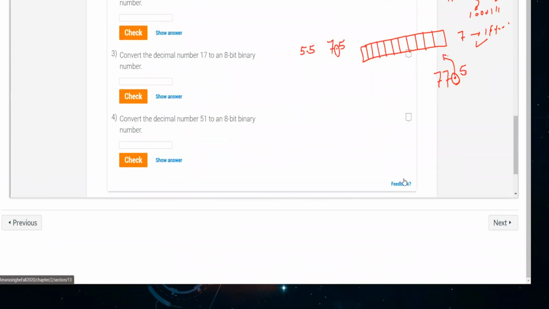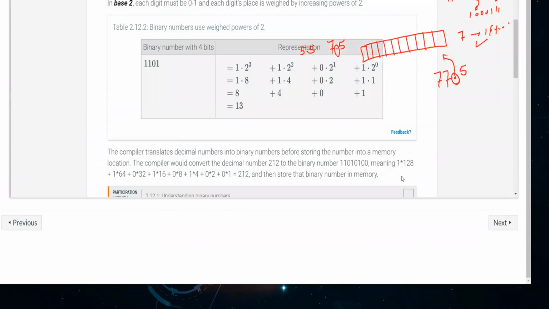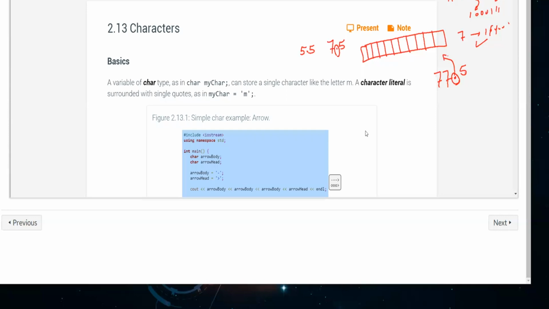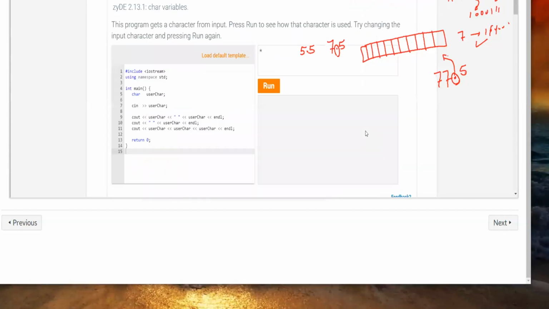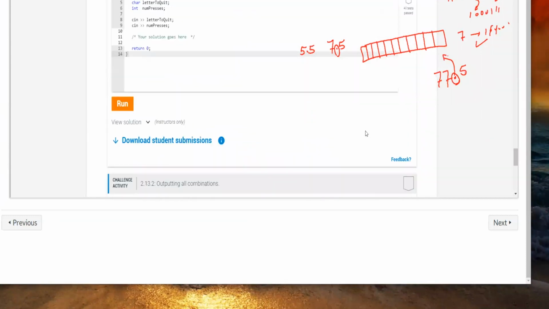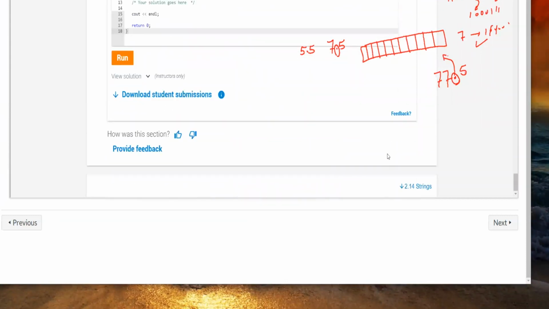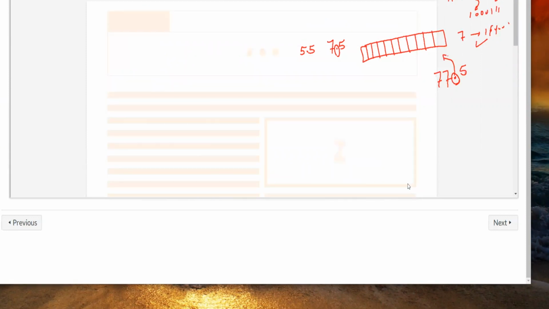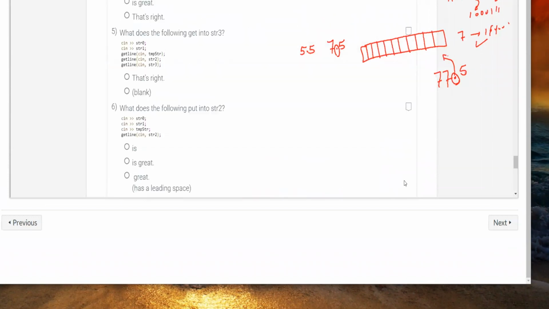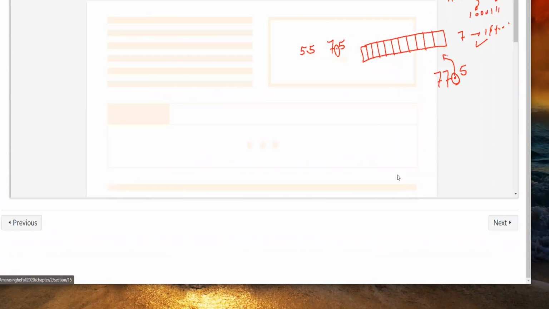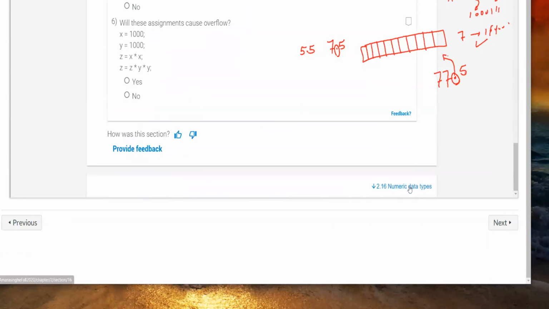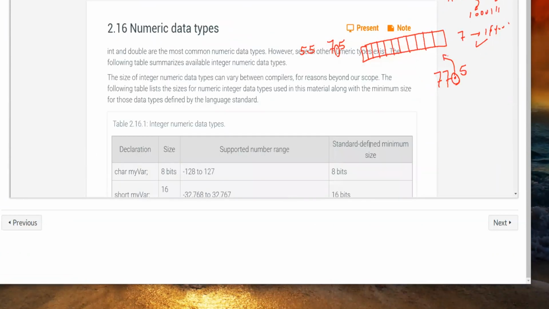Anyone have any idea? Can you think of a way to store a dot in a computer? At least give me an idea. What do you think?